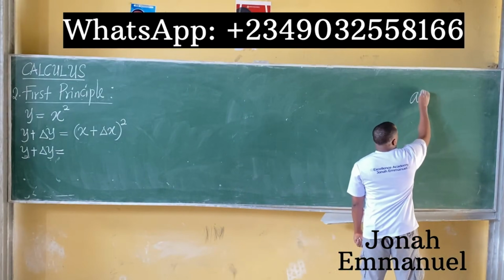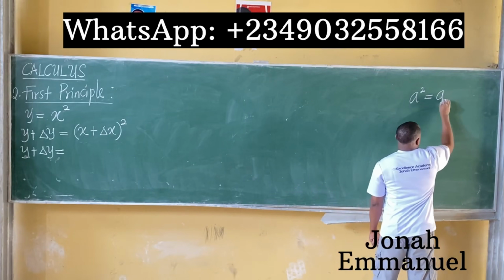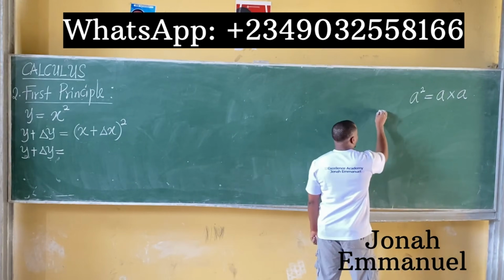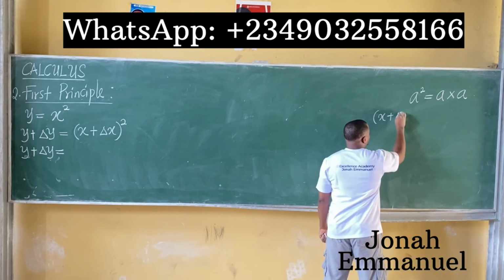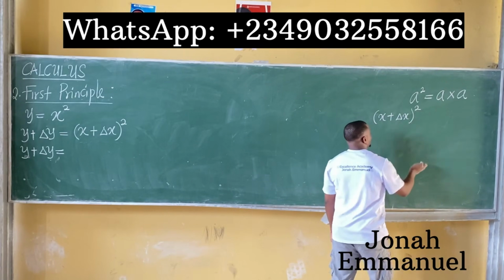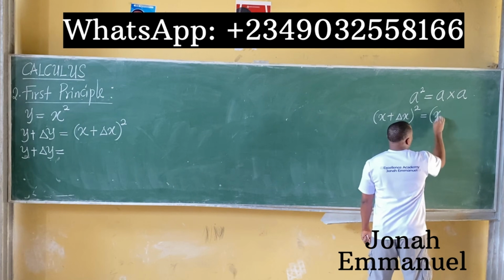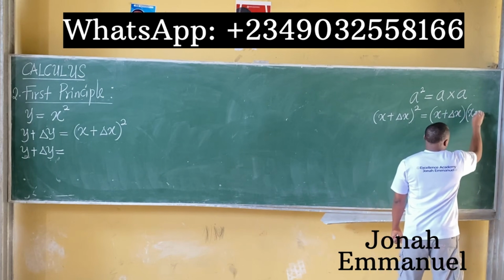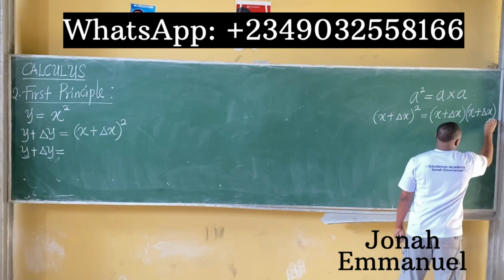So if I have a squared, it equals a times a. In essence, if I have x plus change in x all squared, this becomes x plus change in x multiplying x plus change in x.